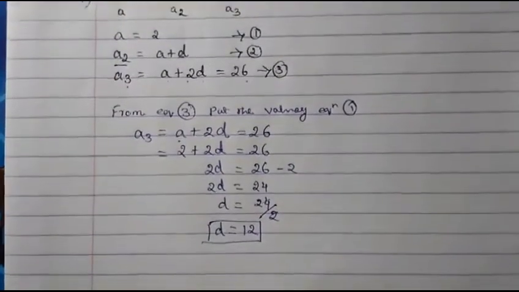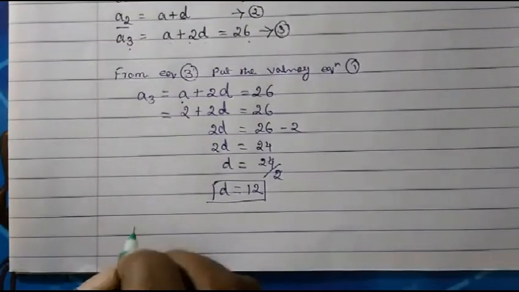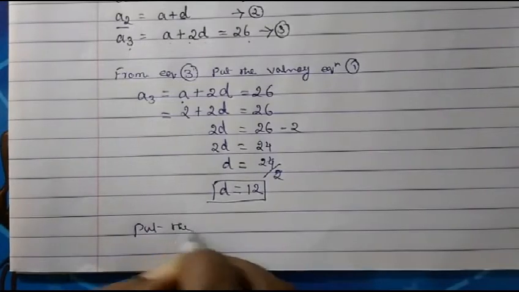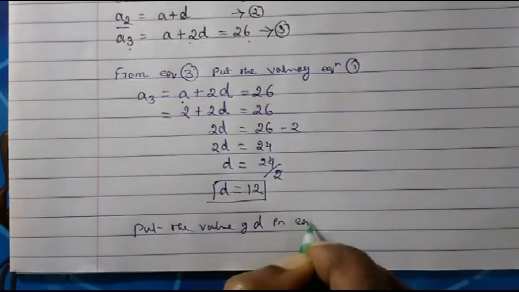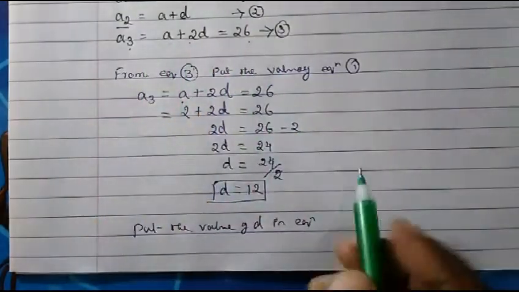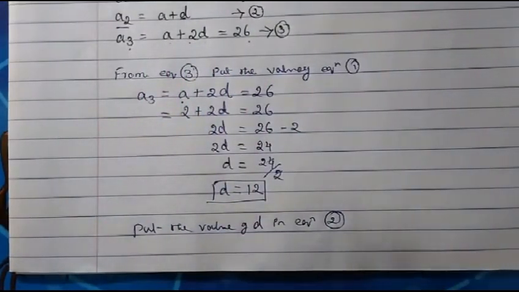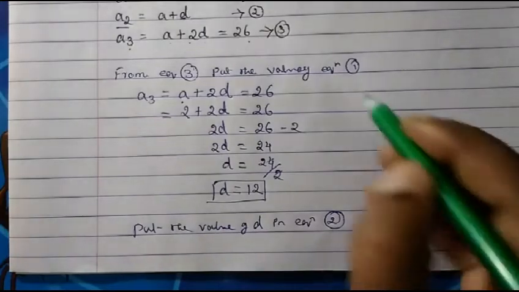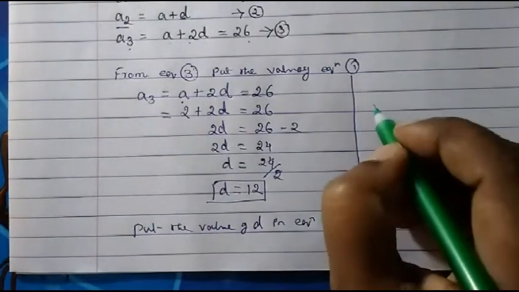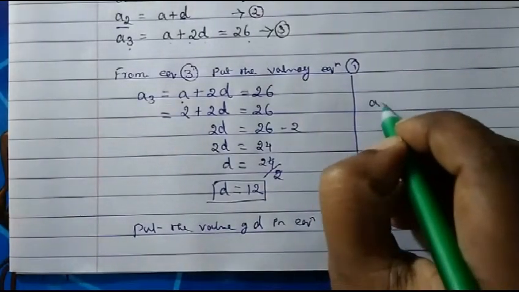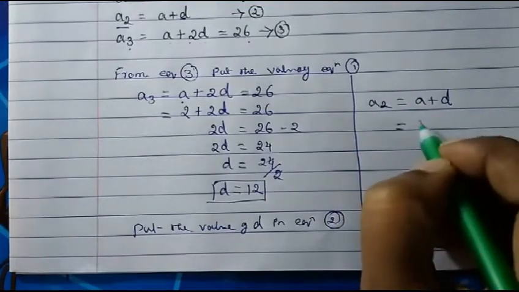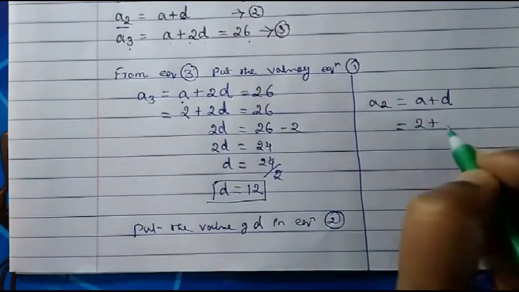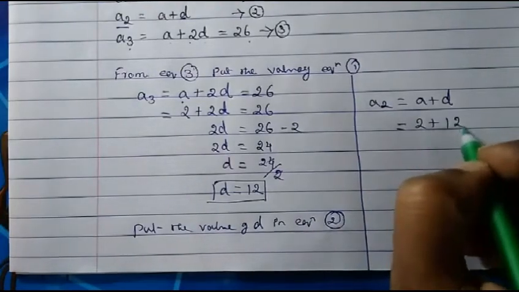So put the value of D in equation 2. Equation 2 is A2 equals A plus D. A value is 2, and D we just found is 12.